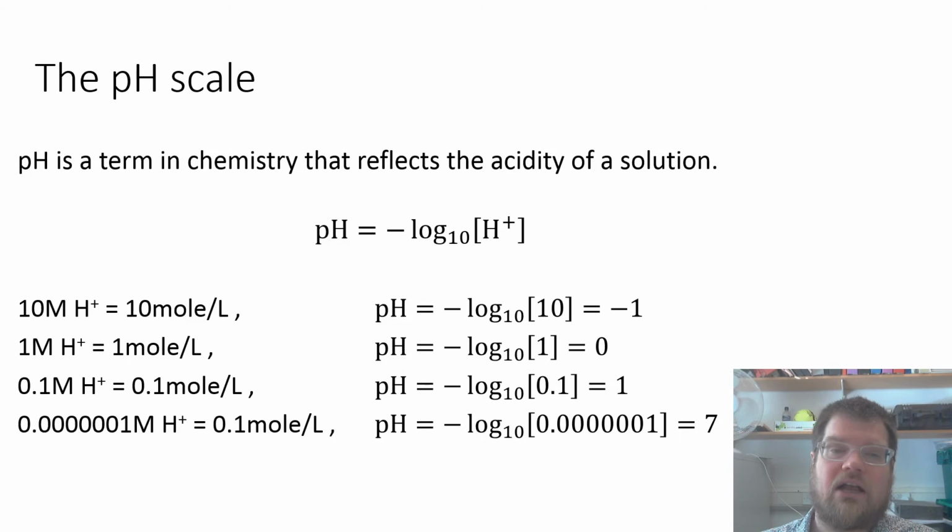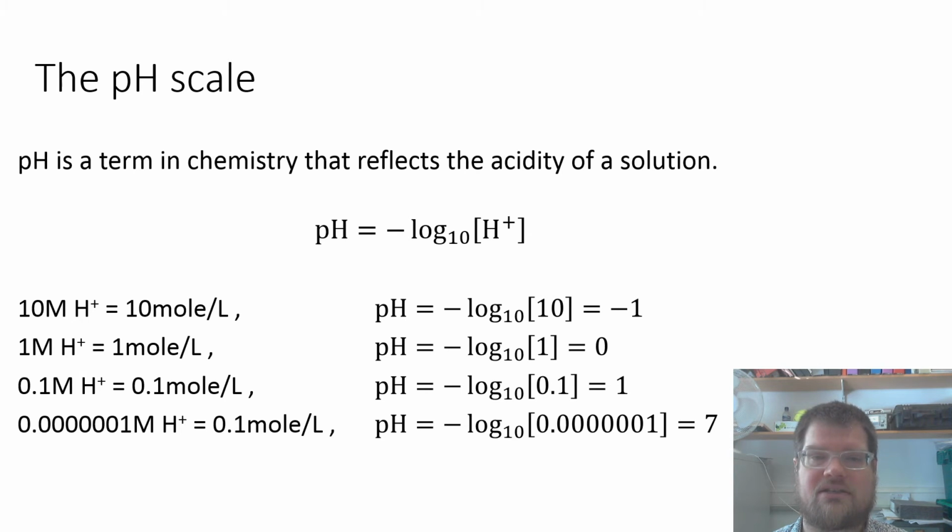So with this approximation, the pH is related to the concentration of hydrogen ions in solution by minus log 10. What this means is that we can express a huge range of concentrations over many orders of magnitude, from maybe tens of moles per liter down to micro, milli, nano and picomoles per liter of hydrogen ions in solution.